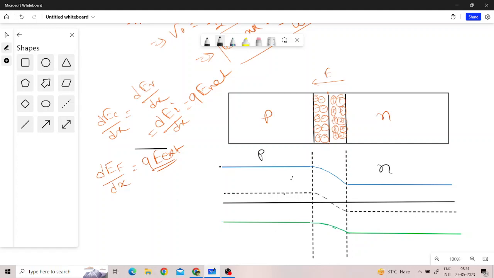As this is neutral, there will be no bending; there is an electric field in this direction, and the potential difference is V naught. So for an electron to jump from this to this is Q V naught. So Q V naught energy is required to move an electron from this n side conduction band to the p side conduction band. Now this is just a basic discussion.